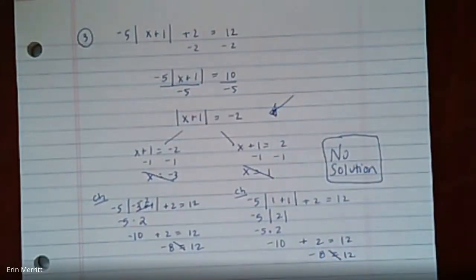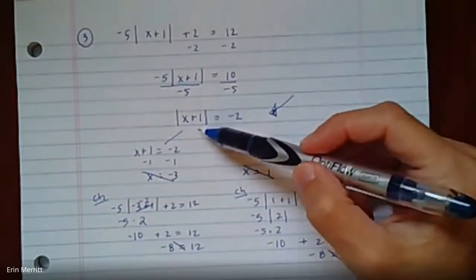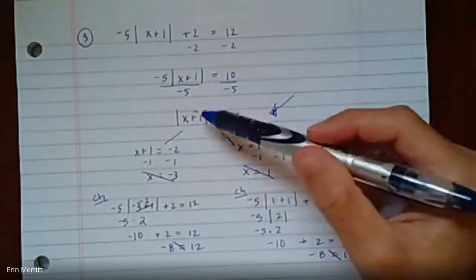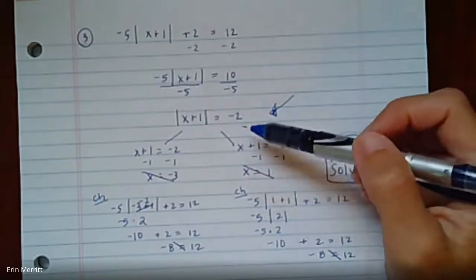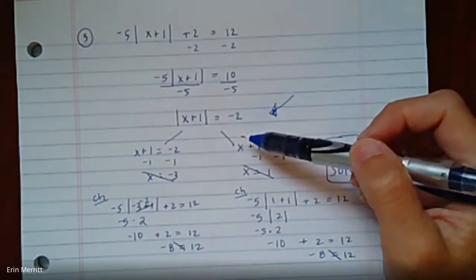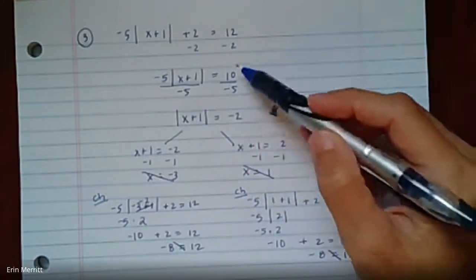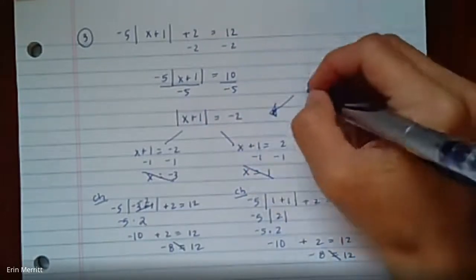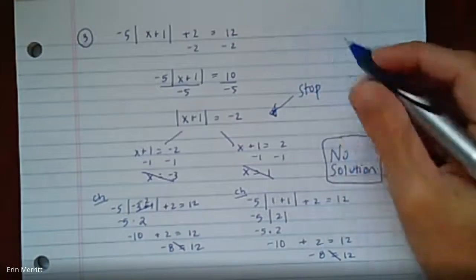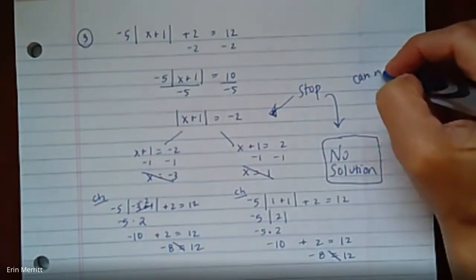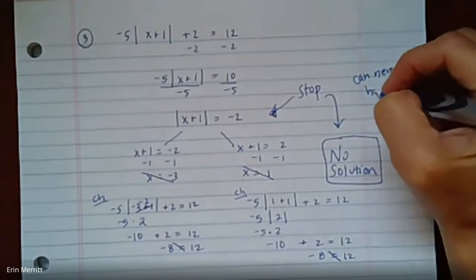The fact that we have an absolute value set equal to a negative number, that's never going to happen. The lowest value you're ever going to get would be a 0 when you take the absolute value of something. So if you end up with an absolute value equal to a negative somewhere in your work, you can stop right here and then go to no solution, because this can never happen.